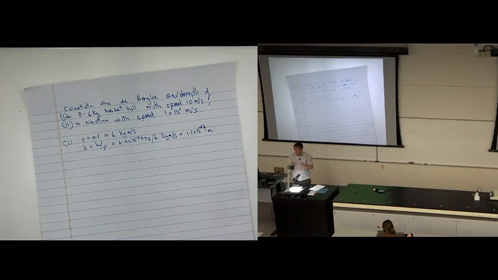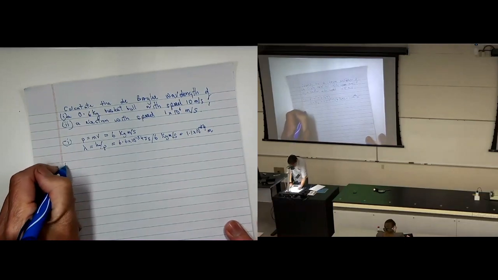So yes, the basketball does exhibit matter waves, but no, they're not relevant to playing basketball because they're so absolutely tiny. That's why we don't notice matter waves, interference of matter waves, effects of matter waves in our everyday experience, because the matter wave wavelengths are so absolutely tiny.